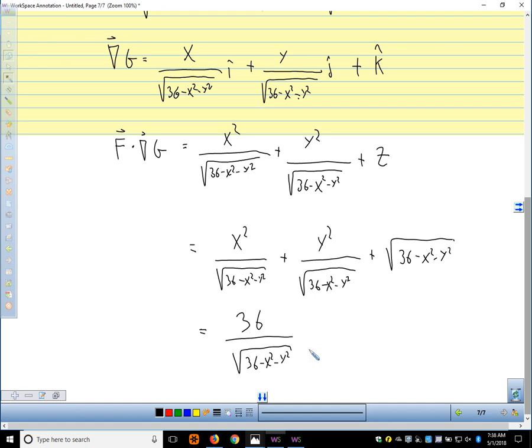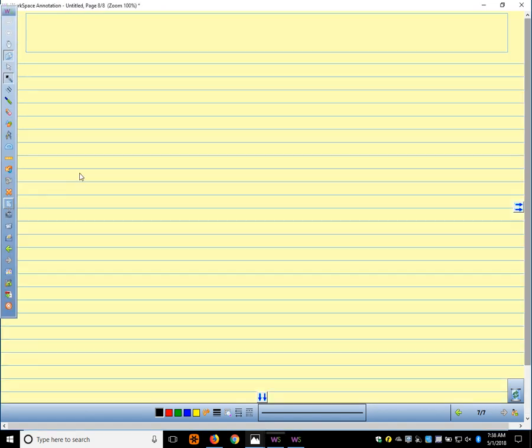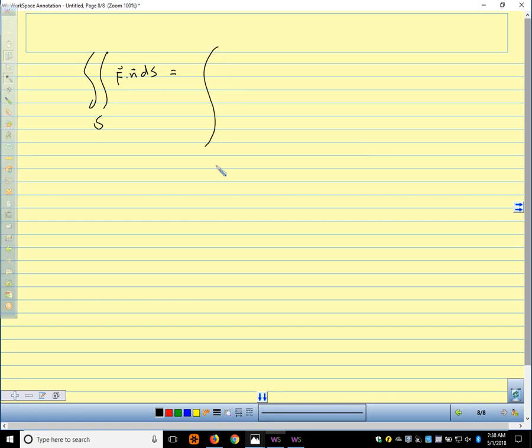In polar coordinates, that's not going to be too bad. So our surface integral f dot n ds is going to be the integral, and did we say first octant, 0 to pi over 2? Integral from 0 to 6, our sphere's radius 6, of 36 over the square root of 36 minus r squared, r dr d theta.